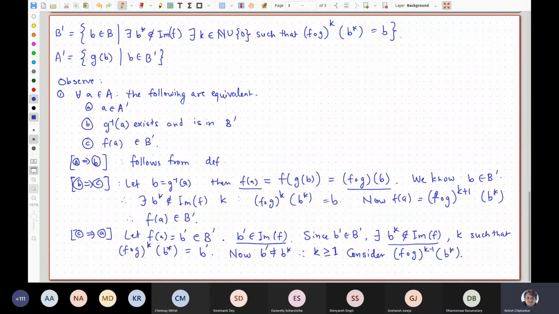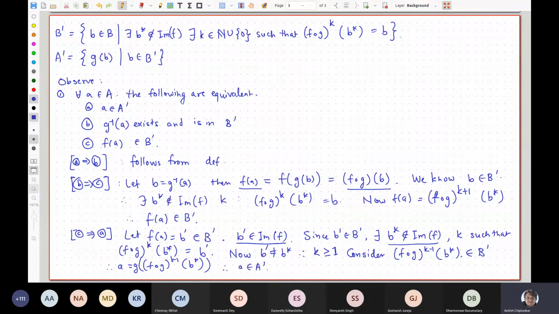Right? So therefore A is equal to G applied to F compose G applied K minus 1 times to B star. So this we know is in B prime by definition. Right? And therefore A is in A prime.